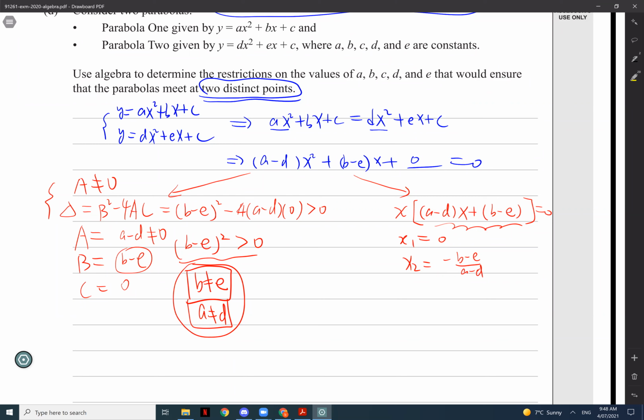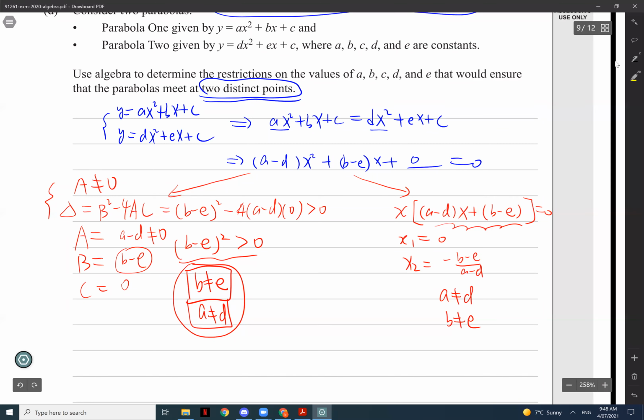Ran, to make x2 exist, what condition? Very good. If a equals d, x2 doesn't exist. And to make x2 different from x1, we need two distinct roots, then b cannot equal e.